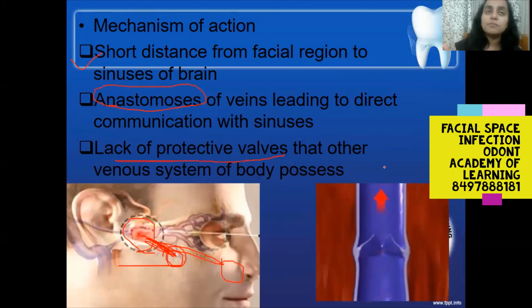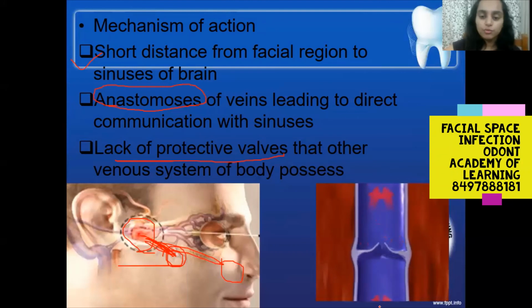Basically, the infection can flow easily, to and fro, okay, so this makes the infection more vulnerable to flow into the cavernous sinus.